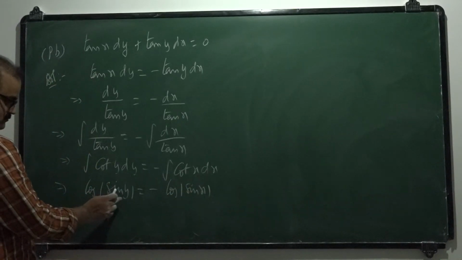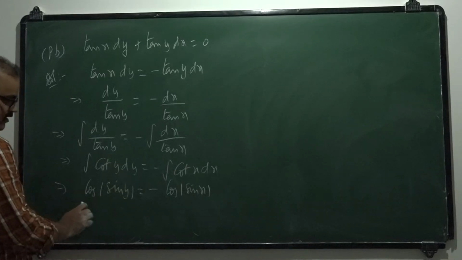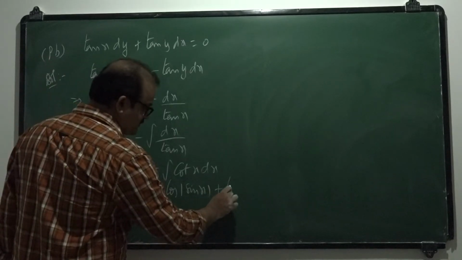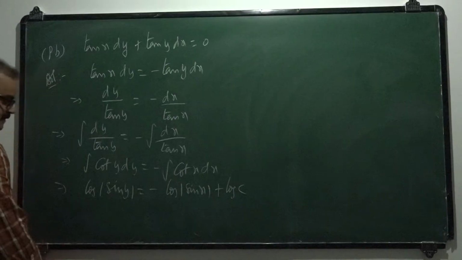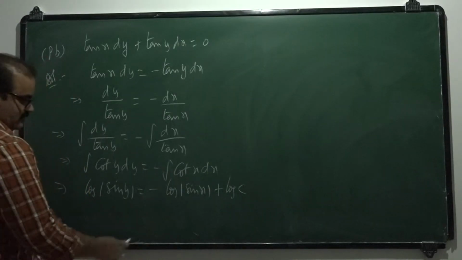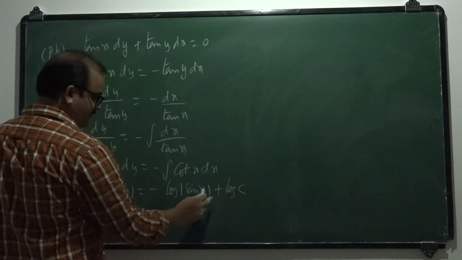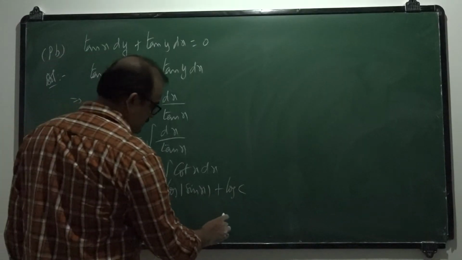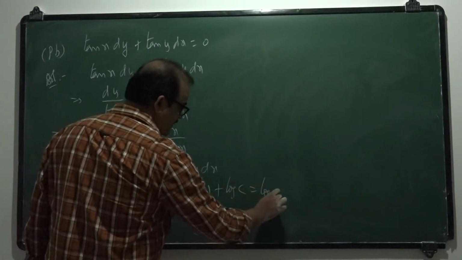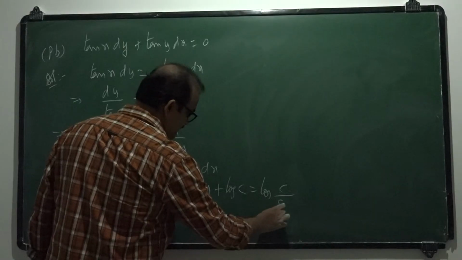If there is log for the variable y, you take the constant as log c. Okay, RHS is in the form of log m minus log n, that is log of m by n, c by sin x.